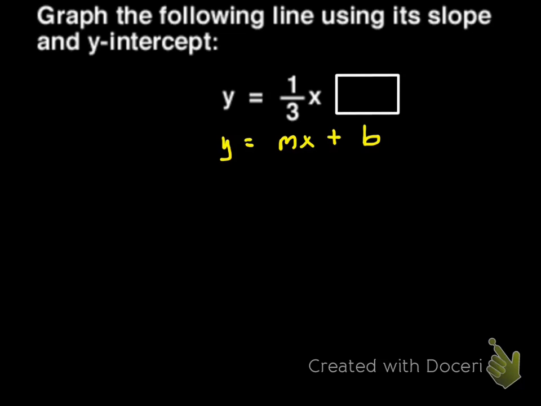Well, if we don't have anything there, we could write +0. Because there's nothing. +0 doesn't change anything. So now, m equals 1/3. And my b would equal 0.